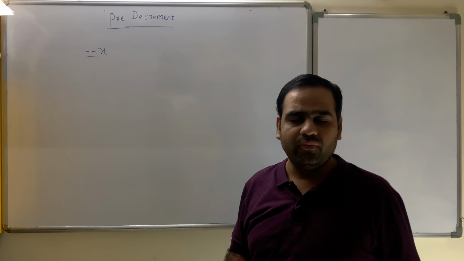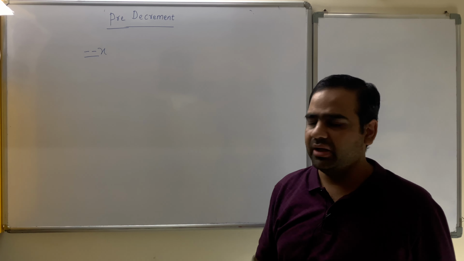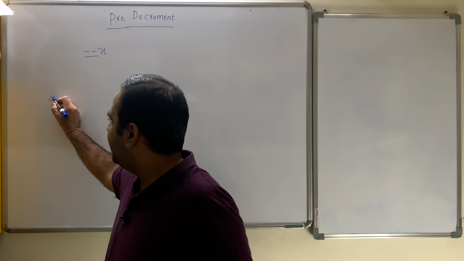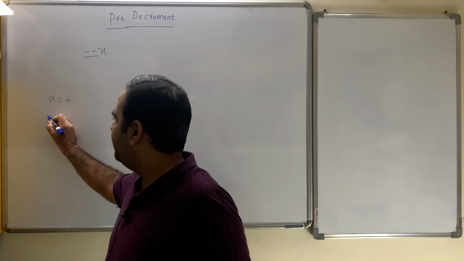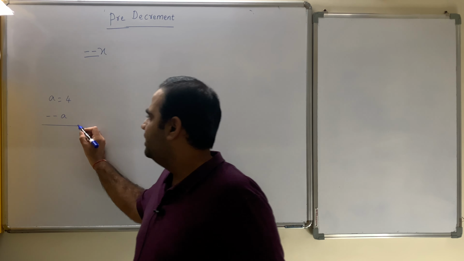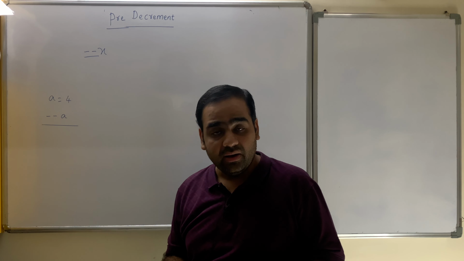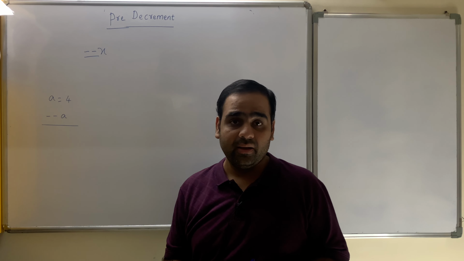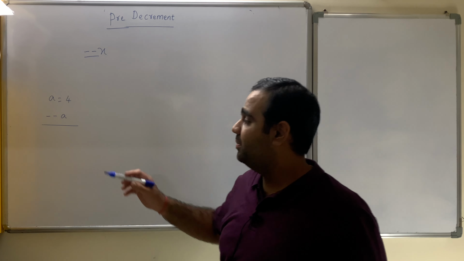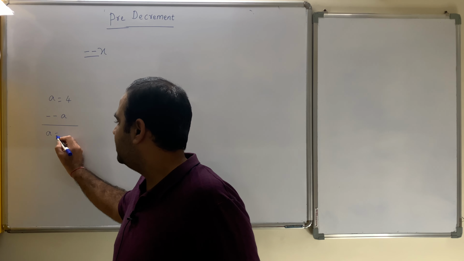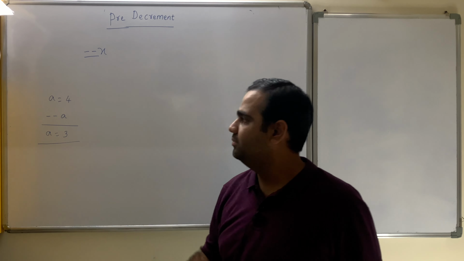Now how does it work? Let's see with the help of some examples. Suppose a is 4 and we say minus minus a, that means decrease the value of a by 1, subtract the value of a by 1. That means this 4 would become 3.